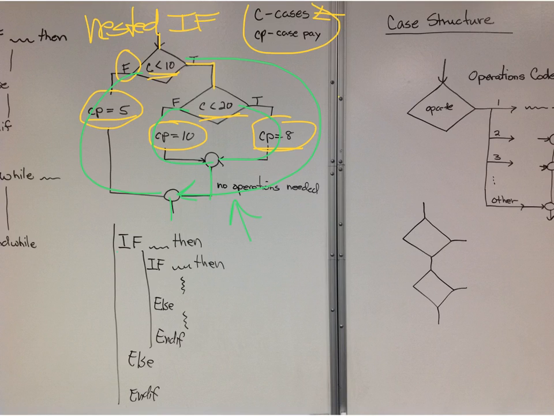So here we go. Let me use a different color here. So we have if some condition, then this is if it's true, like up here. And we do another if, and here's the true part, else the false part, end if. So like that, right there. Else, and if.